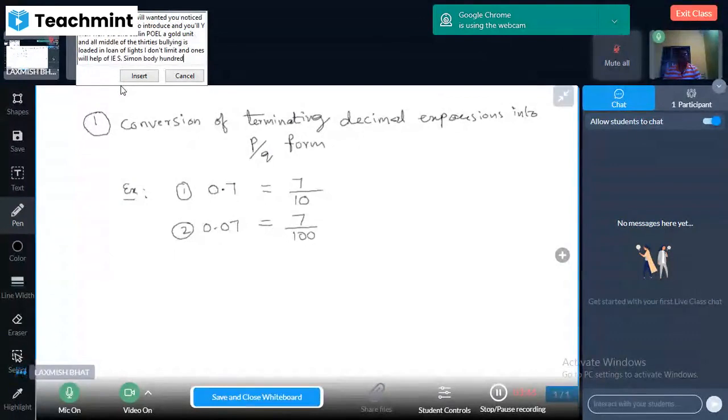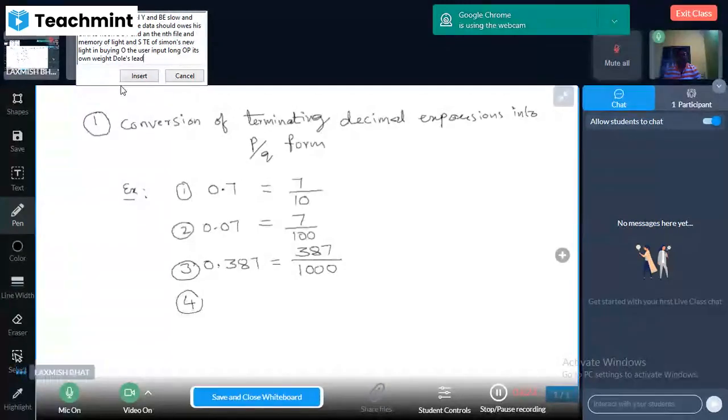7 by 100. If it is 0.387, this is 0 actually, 0.387, then we have to write it as 387 by 1000.